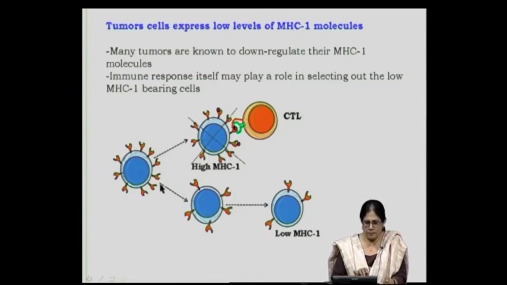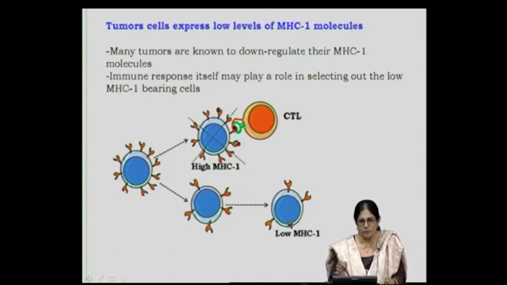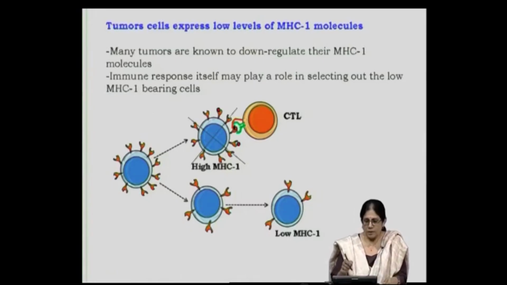Now, what would happen if the MHC molecules start getting down regulated? CTLs can no longer recognize, and therefore low MHC bearing tumor cells can go undetected. In fact, the immune response itself may play a role in selecting out the low MHC1 bearing cells, because the strength of binding of the CTL to the peptide in the context of class 1 molecules definitely starts to decrease with decrease in the number of MHC.